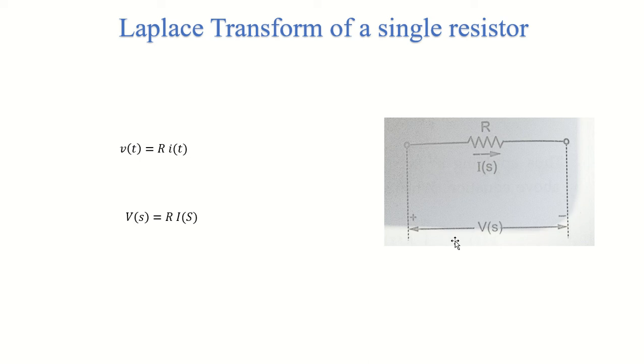Same thing will happen with current, and you will be able to express your equation in the frequency domain as V(s) = R I(s), right? And you can use this final circuit in the Laplace domain or frequency domain.